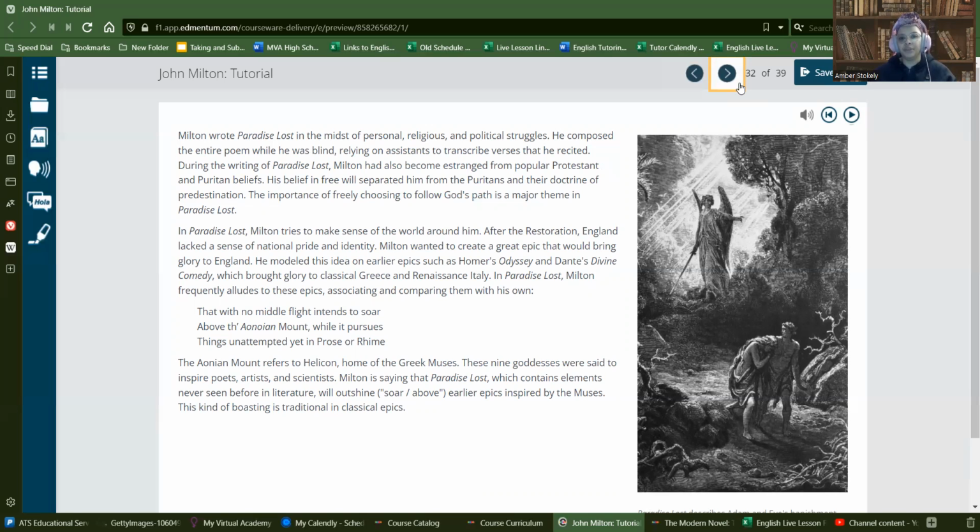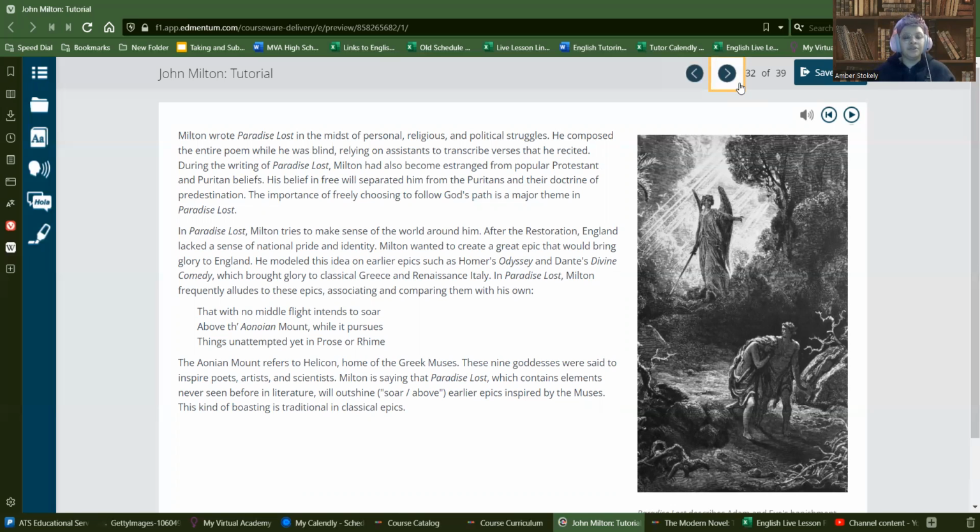So this was during the time where he was starting to pull away from Protestant and Puritan beliefs. He wasn't really a fan of the way that organized religion was affecting the country, even though he had been part of that previously. He also has some differences from Puritans in that he believed in free will. So he didn't just think that humanity was doomed and only the chosen would go to heaven.